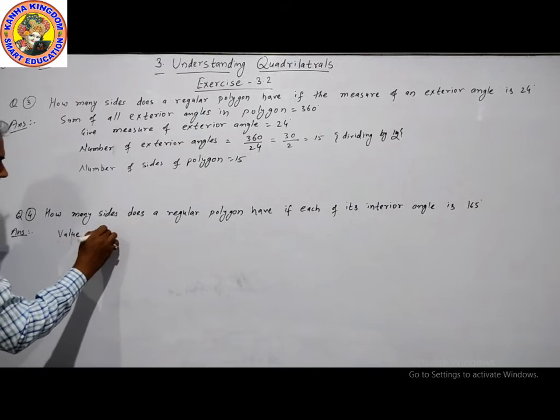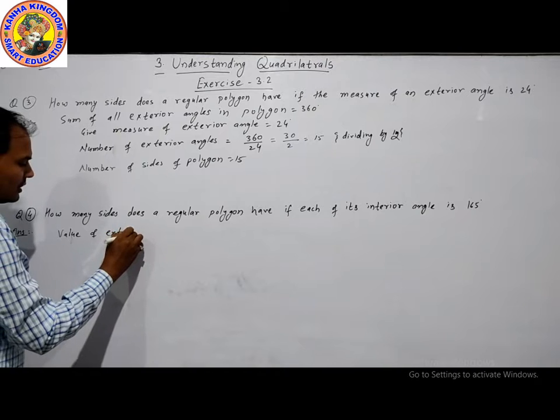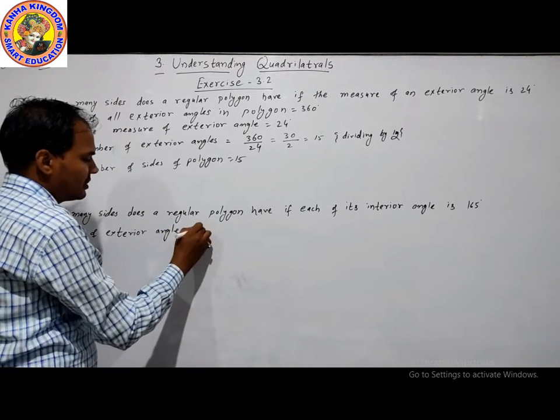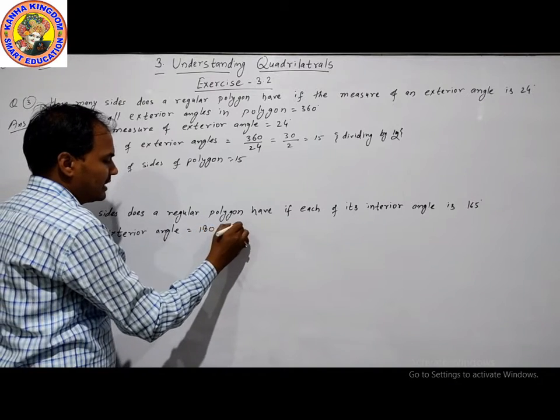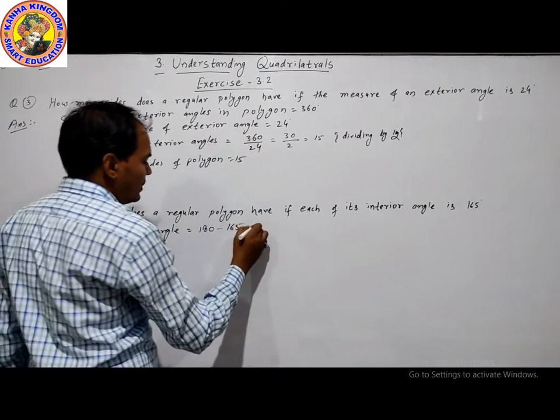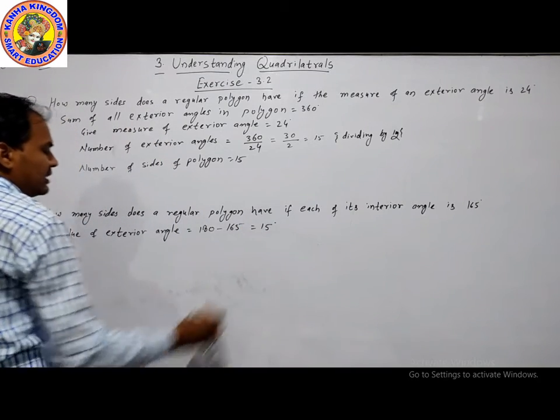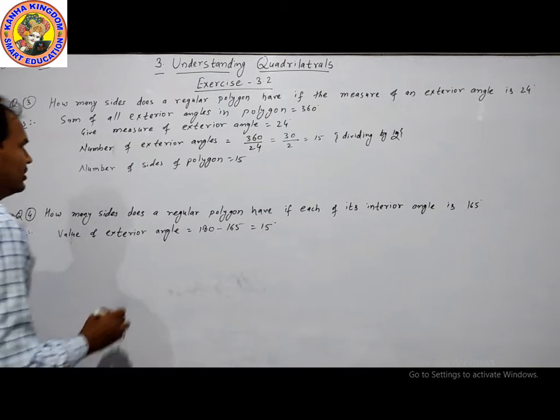The value of the exterior angle is 180 minus 165 is equal to 15. The exterior angle is 15 degrees.